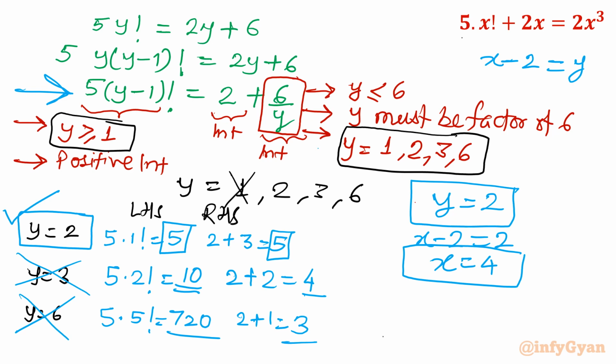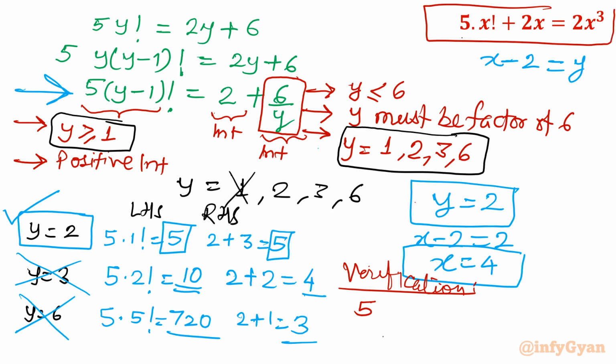Okay. Now let's verify this value. So I will write verification. 5 times 4 factorial, here I am putting it in the original equation: 5 times 4 factorial plus 2 times 4, and the RHS is 2 times 4 cubed.